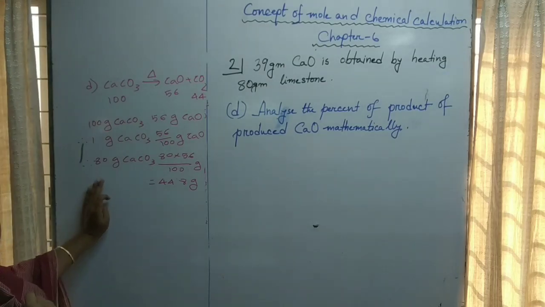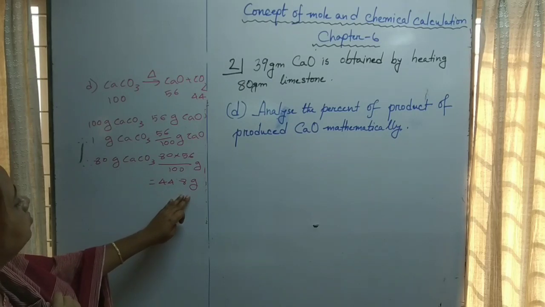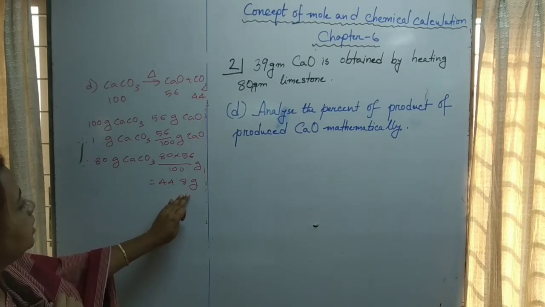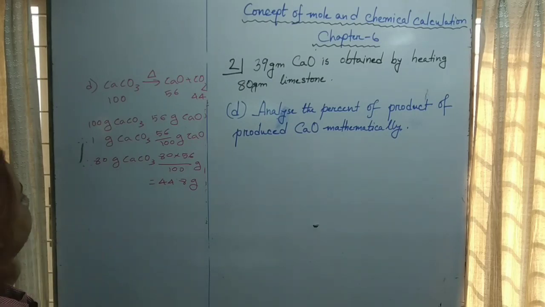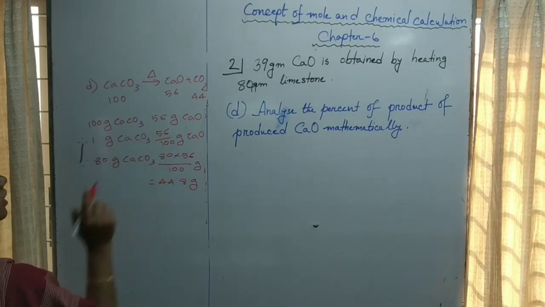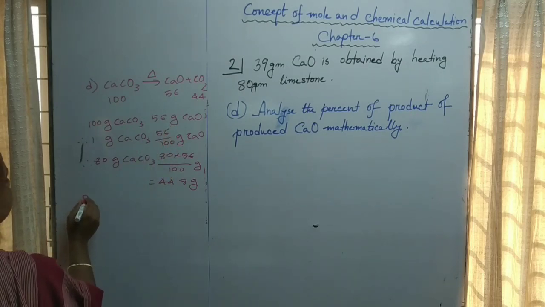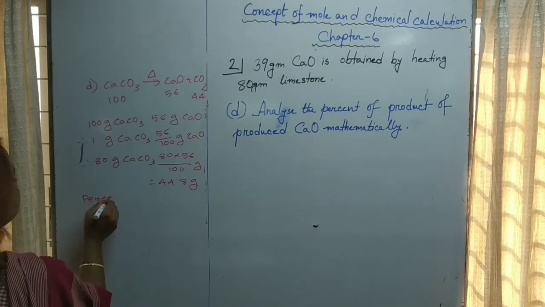So theoretically from 80 gram calcium carbonate, 44.8 gram calcium oxide is supposed to be obtained, but we are getting 39 gram.